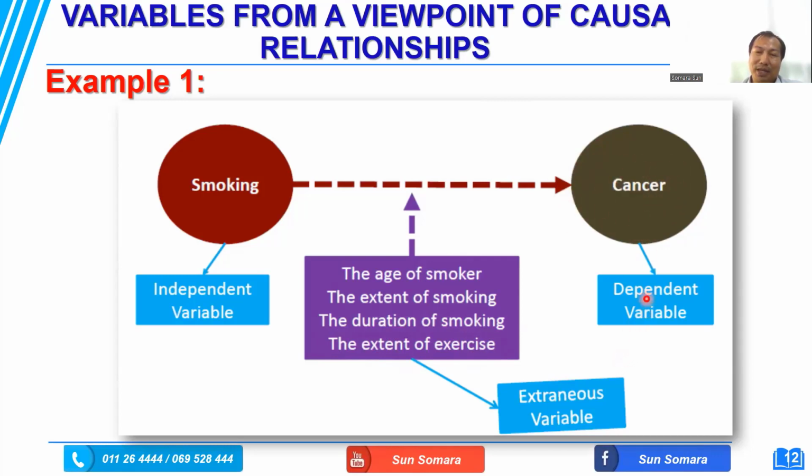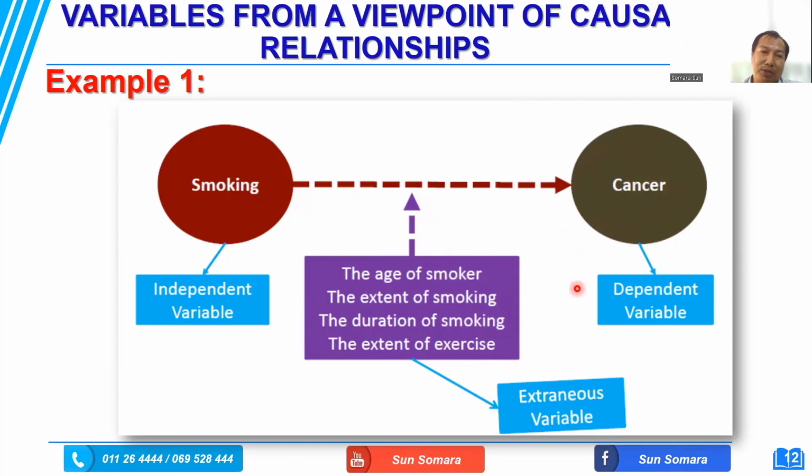So in this part we can say there are many things that affect the dependent variable. To cause cancer, there are many more factors that affect or harm the dependent variable in here, right?